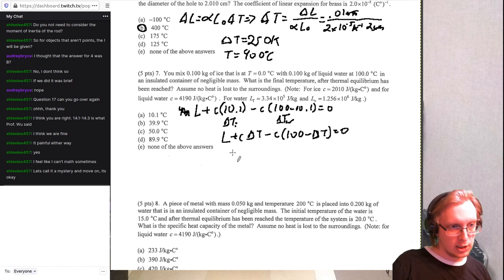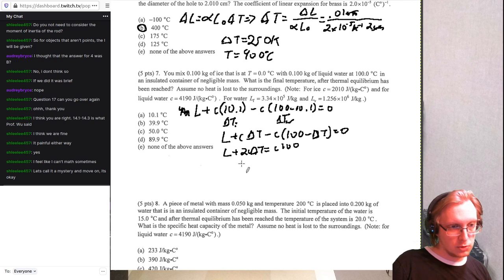So then we end up with L plus 2C delta T equals C 100.